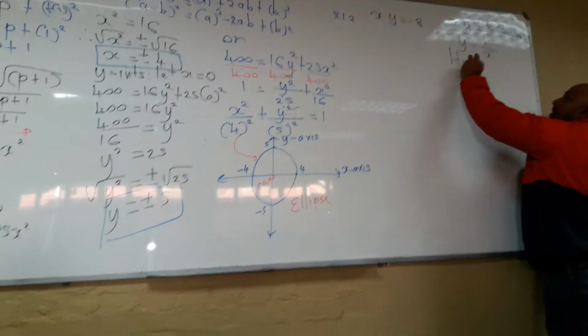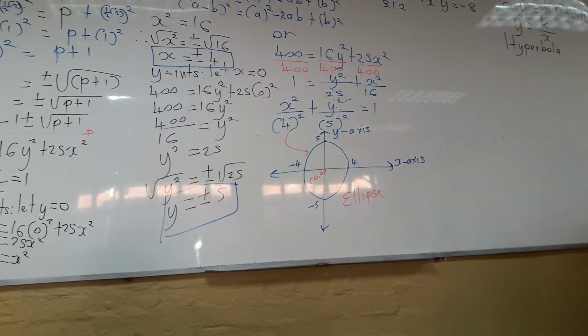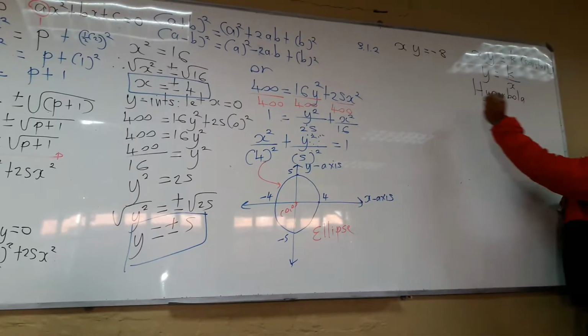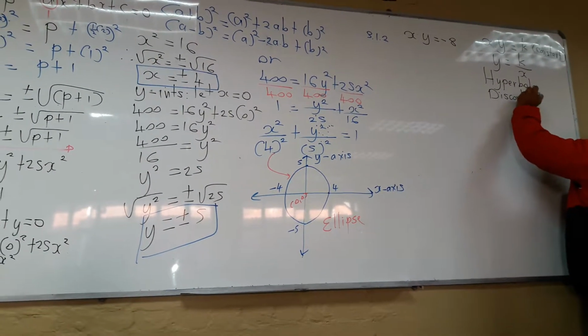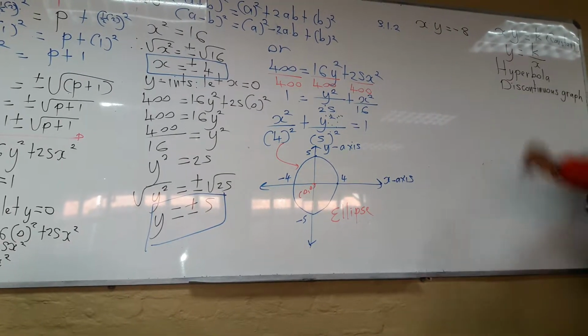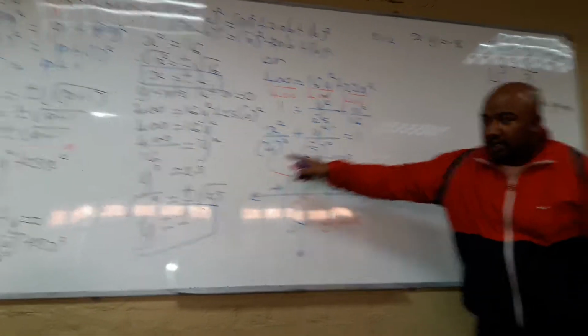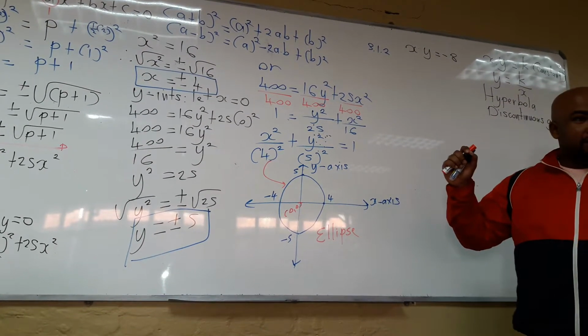This is called a hyperbola. Okay. This hyperbola is a discontinuous graph. And it's not just one curve where you can just draw it without removing your pen from the page.